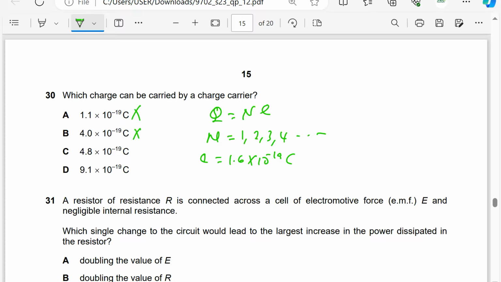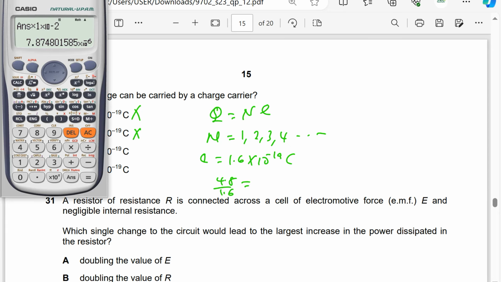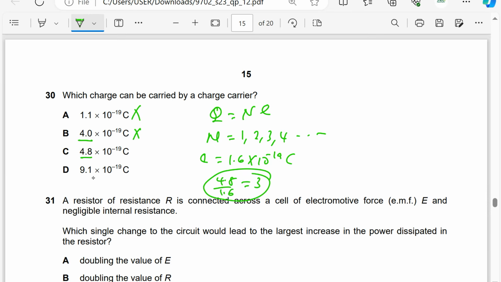B is also wrong because when I divide 4.0 by 1.6, I don't get a whole number. Then C is correct. When I divide 4.8 by 1.6, I get 3, a whole number.